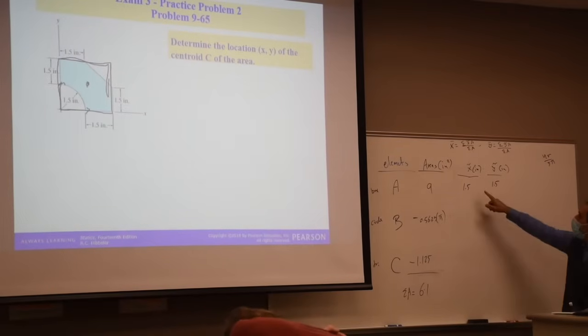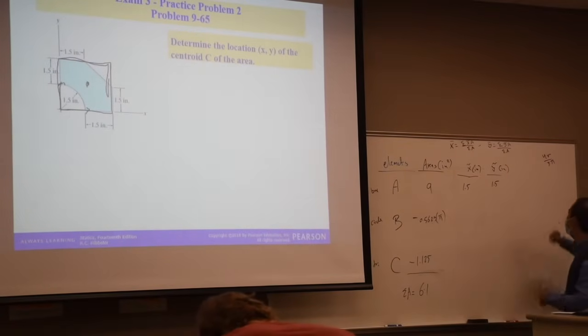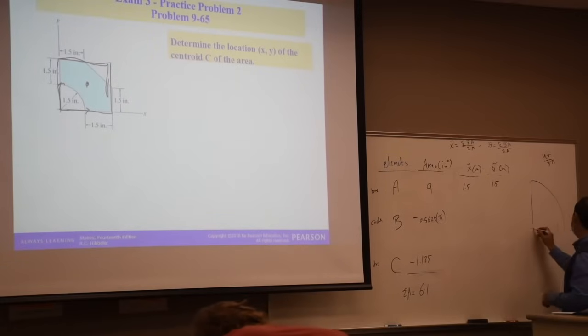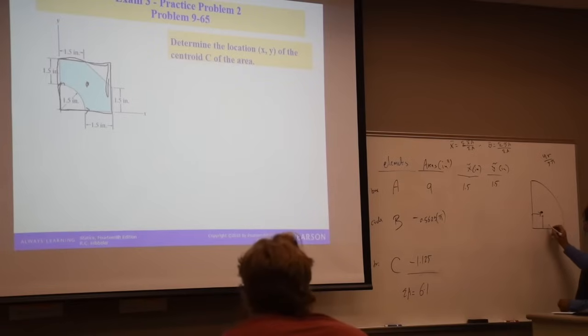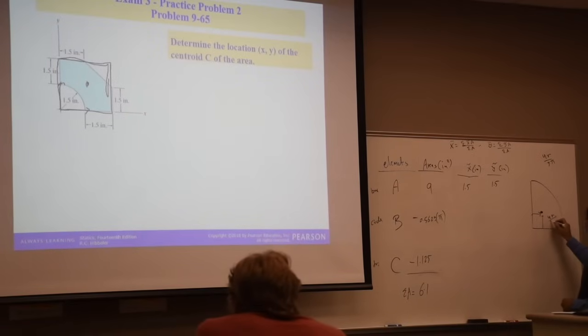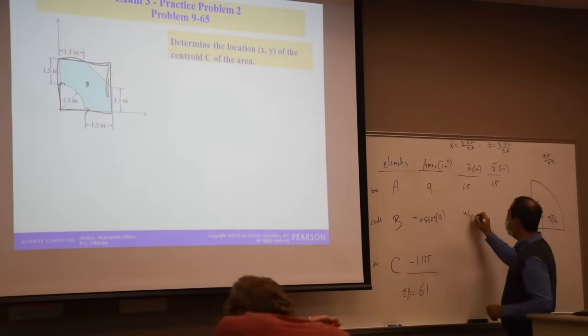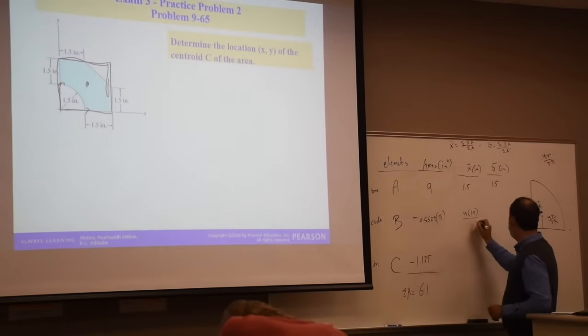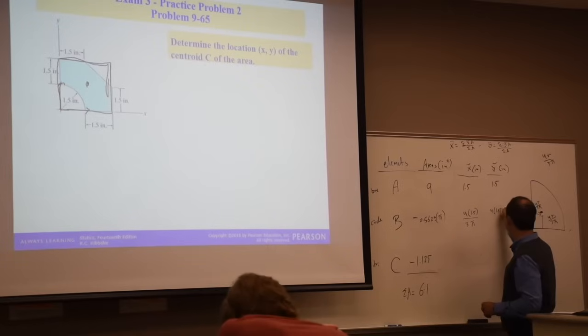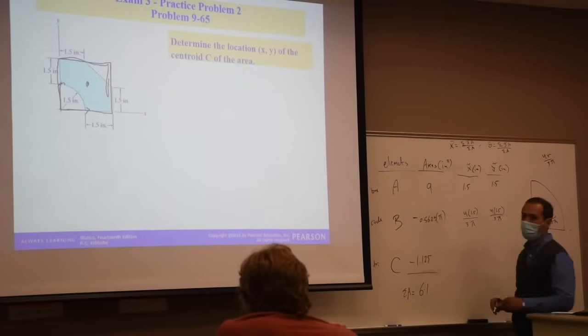For the quarter circle, we have the formula that if you have a quarter circle, your centroid is 4r over 3 pi from the x-axis and 4r over 3 pi on the y-axis. So if you place this, my r is 1.5, so it's 4 times 1.5 over 3 pi.